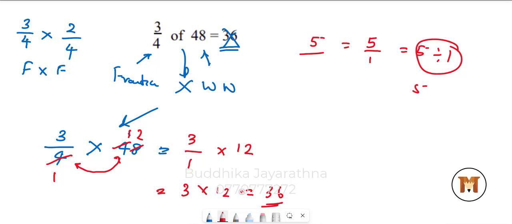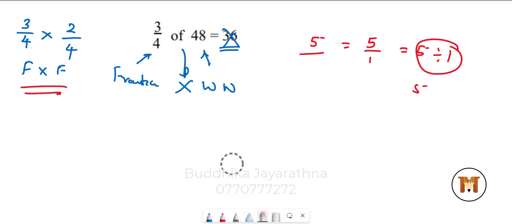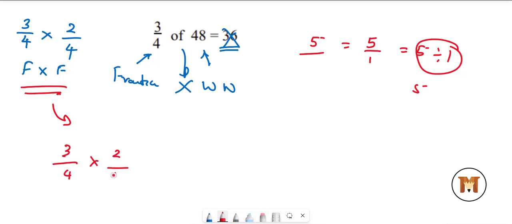Now I'm going to talk about how you can make a solution for fraction and fraction. If you have fraction and fraction multiplication, this is how to do it. I'm going to remove this. If the video is too fast, you can slow it down or stop while I'm talking and work it out. Now I'm taking this particular question, 3/4 multiplied by 2/4.